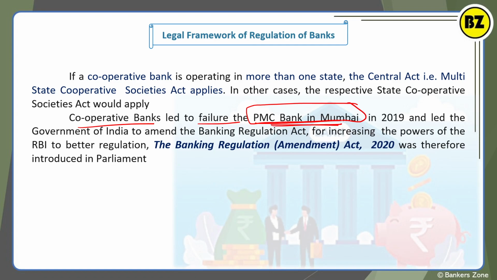But it collapsed in 2019, which led the Government of India to amend the Banking Regulation Act to increase the power of the RBI for better regulation. Thus the Banking Regulation Act was amended by the Amendment Act 2020, through parliamentary provisions.